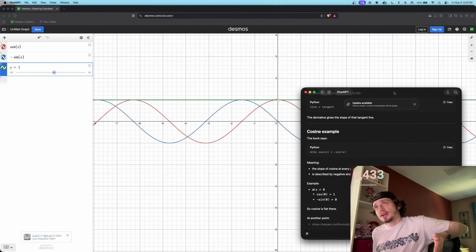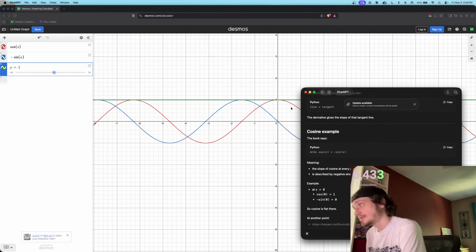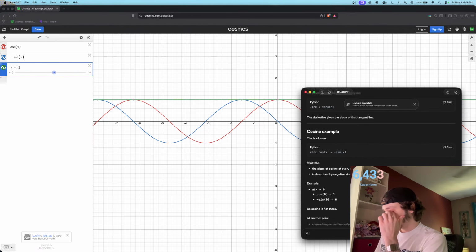But we know that negative sine x is the derivative of cosine x, and we know that derivatives represent the slope at any given point for a function. So for any given point x, the local slope of cosine x is equal to the negative sine of x. So when you put 0 into negative sine of x, it gives you a y value of 0, which corresponds to the flat slope at the peak of that rising cosine wave.